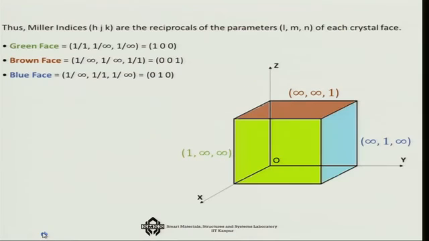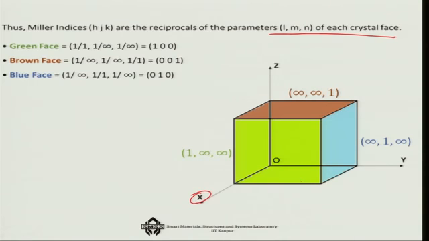Let us discuss some other cases. For example, the Miller indices h, k, l, which are reciprocals of the parameters of each of the crystal faces. So, if you consider the green face and look at the intercepts, the green face has a finite intercept in the x direction, and in the y and z directions they are infinite.